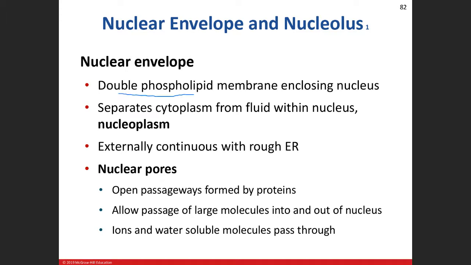It's a double phospholipid membrane, and so it keeps the internal contents of the nucleus separate from the cytoplasm. We refer to that internal environment as the nucleoplasm. But throughout the nuclear envelope, you have these little holes. We call those nuclear pores.